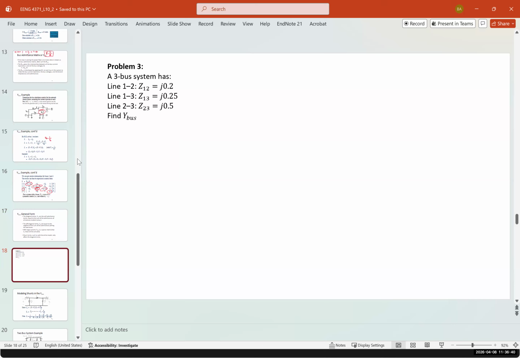Now, let's solve a problem. We have a 3-bus system. I want you to solve this. Z12 is 0.2, Z13 is 0.25, and Z23 is 0.5. We want to find the Y bus.